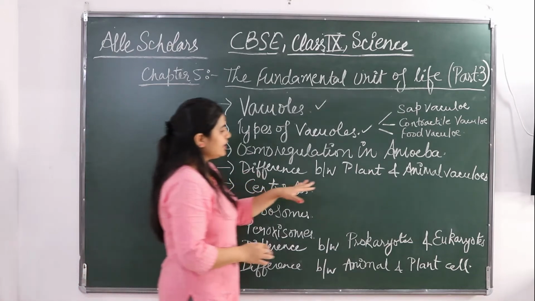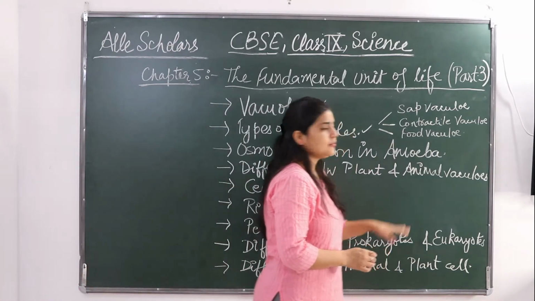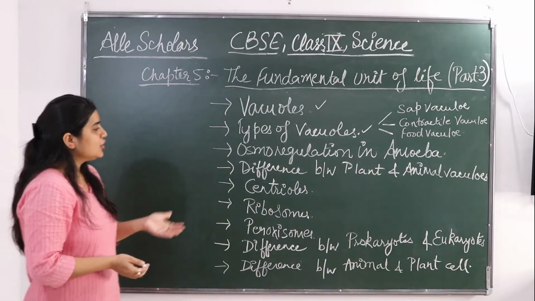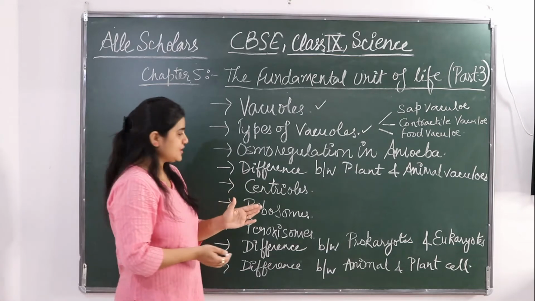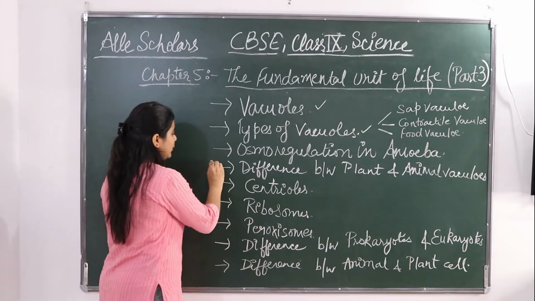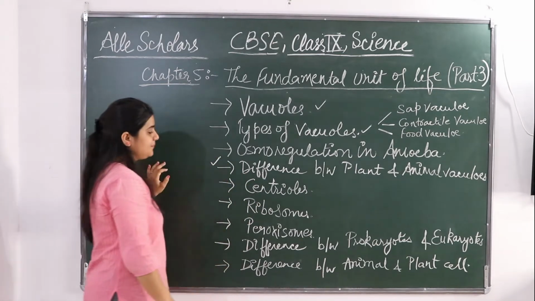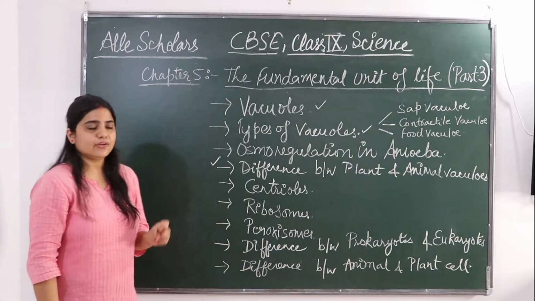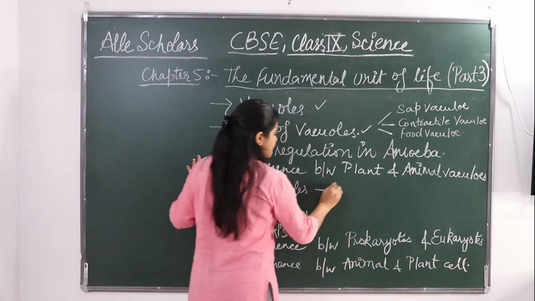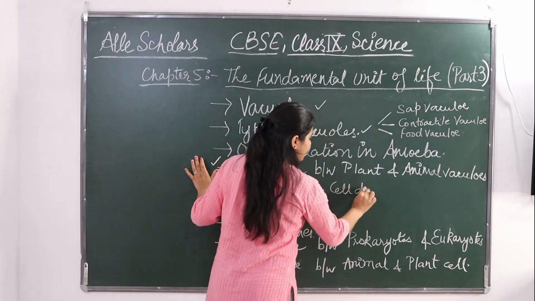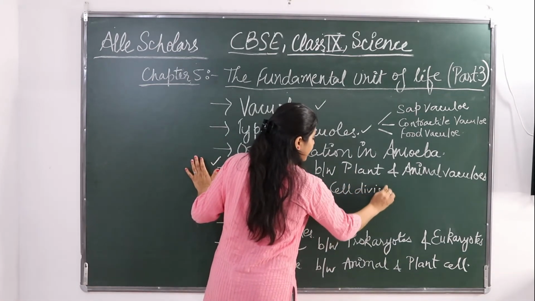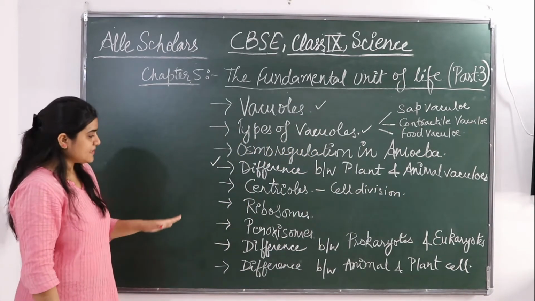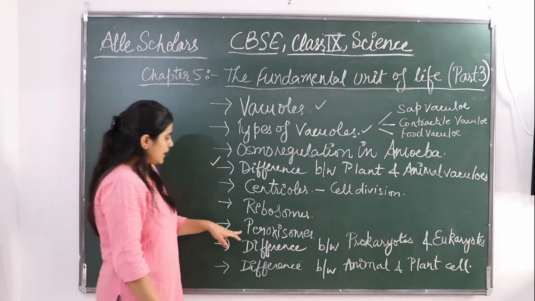Then we shall see the difference between the plant cell and animal cell. The vacuole of the plant cell and animal cell are different, so we shall see the difference between them, and it is very commonly asked in exams. Next we shall see about centrioles, how they help in cell division. Next come the ribosomes.